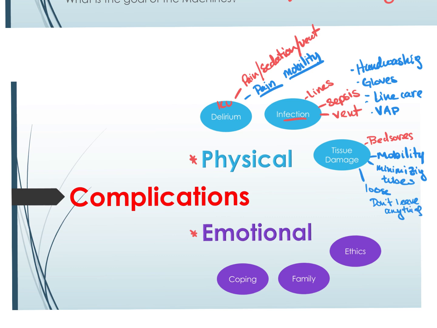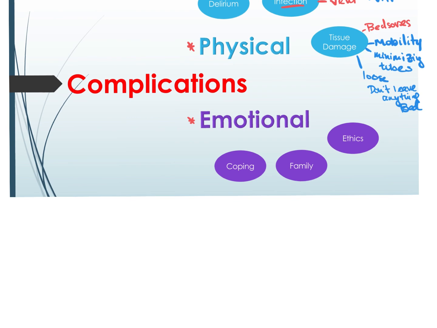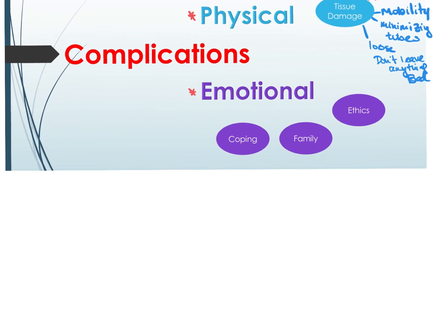Okay, all right. So let's talk about some of the emotional stuff that comes with being in the ICU. A lot of the complications, let's start with coping. You've got family and patient, and you have the healthcare team, right?